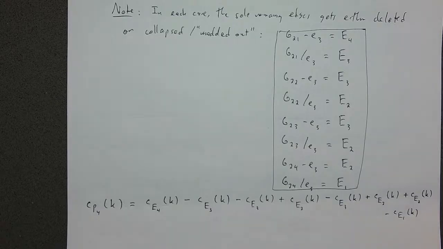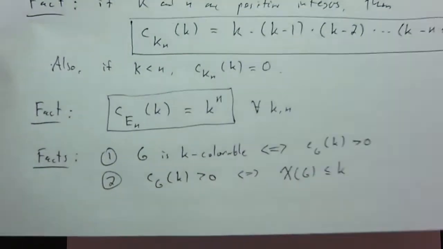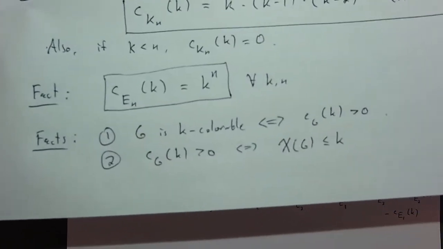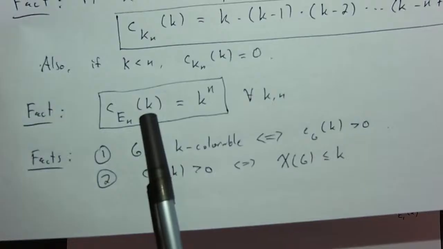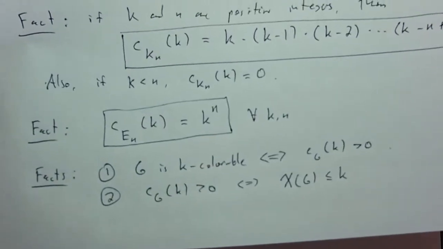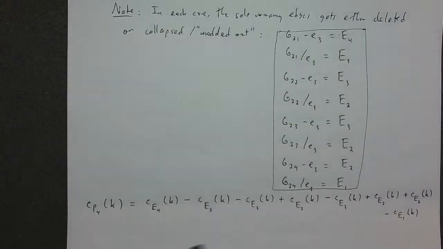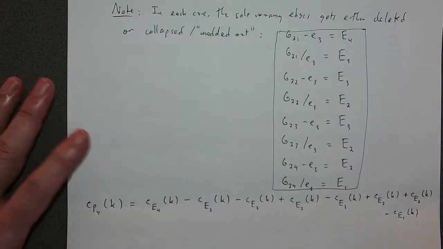But we know what the number of colorings on the empty graphs are. This is like the second class we computed. For all k and n, the number of distinct colorings on the empty graph on n vertices using at most k colors is k to the n. So what is this?